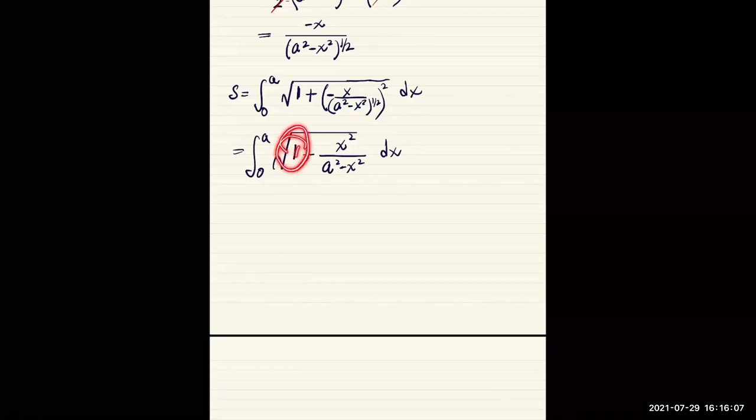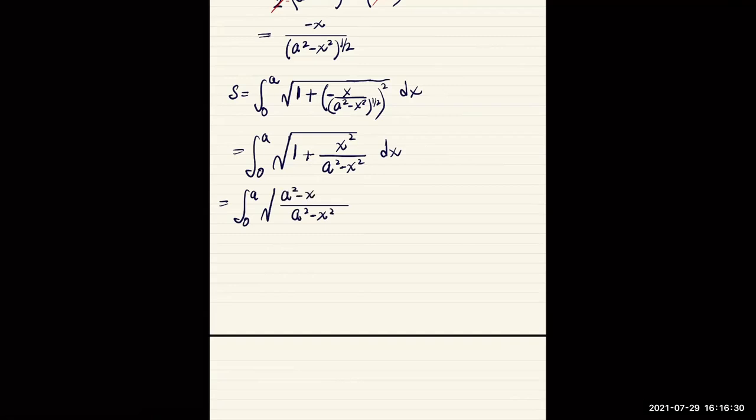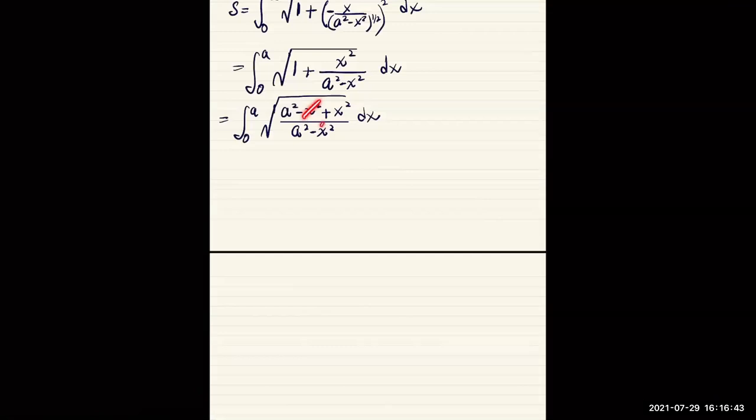I have 1 plus this fraction. I can add the two fractions by getting a common denominator. The common denominator here is a squared minus x squared. What you do is you make this one a squared minus x squared because of the common denominator. And then we have plus x squared. Yeah, this is just not going to work out. The x squared terms here cancel out.